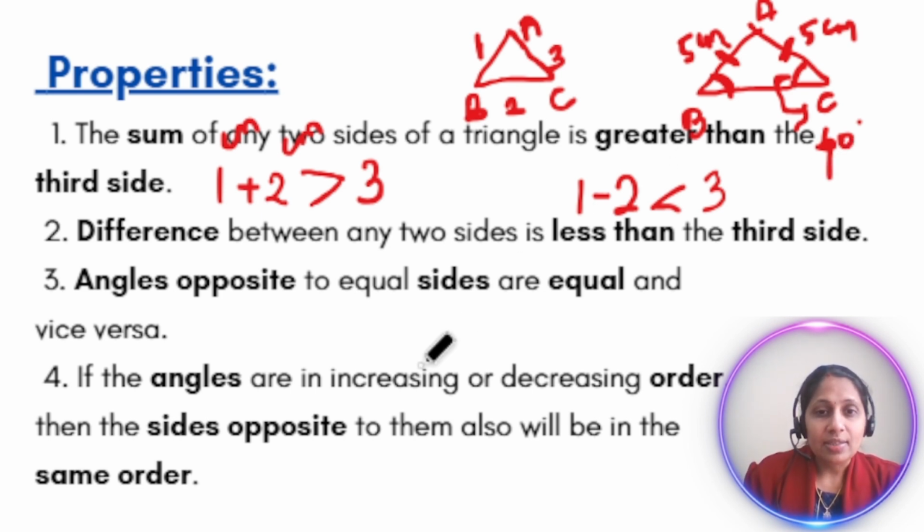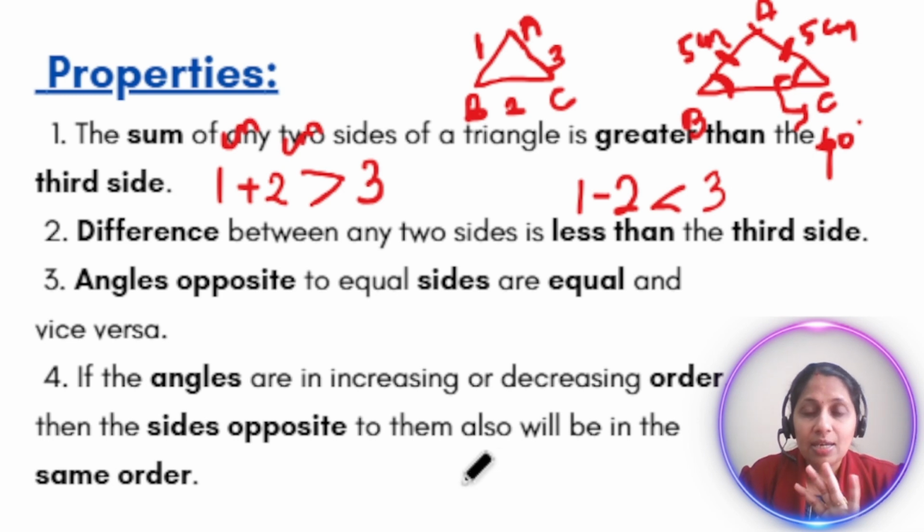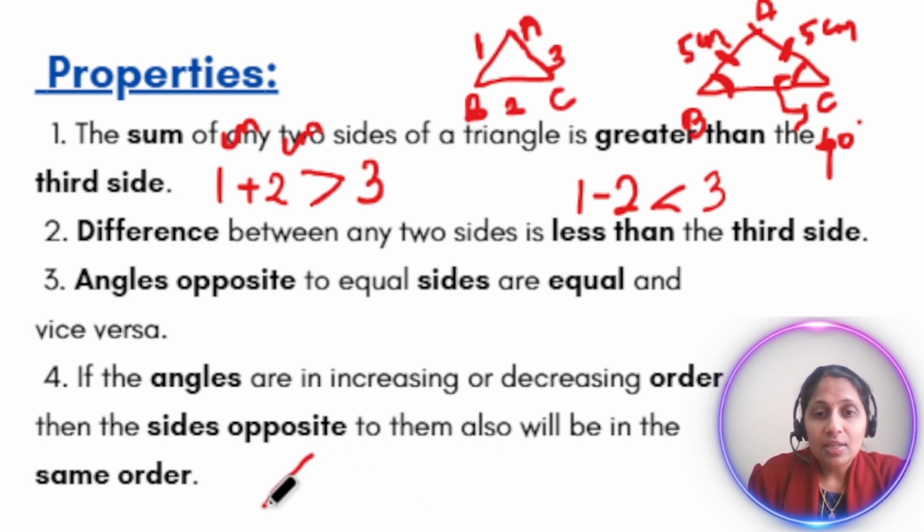Next, if the angles are in increasing order or decreasing order, then the sides opposite to them also will be in the same order. What do they mean by that? Say, for example, you have a triangle. Wait, let me draw it a little bit bigger.